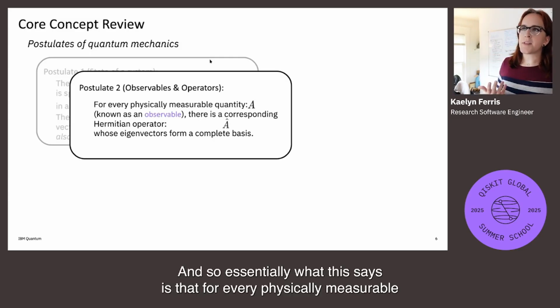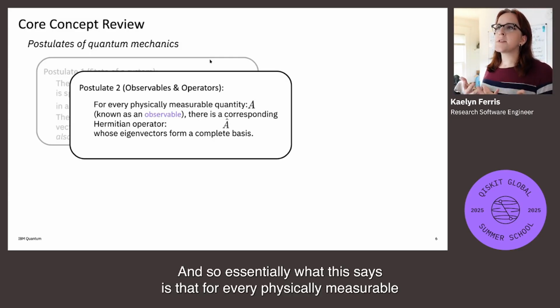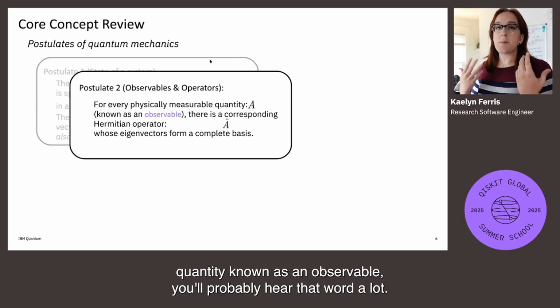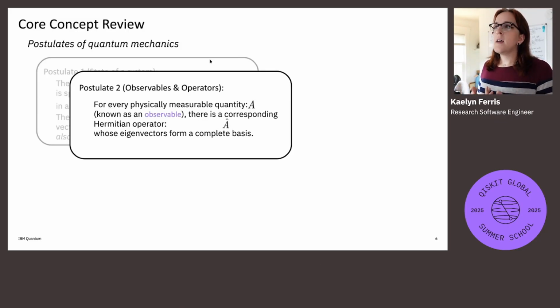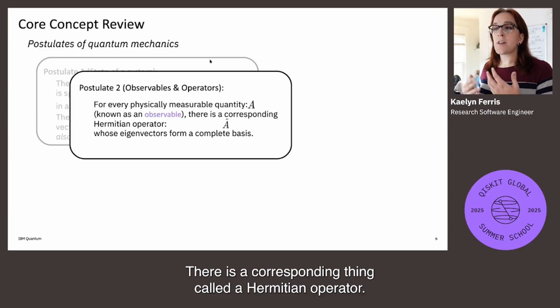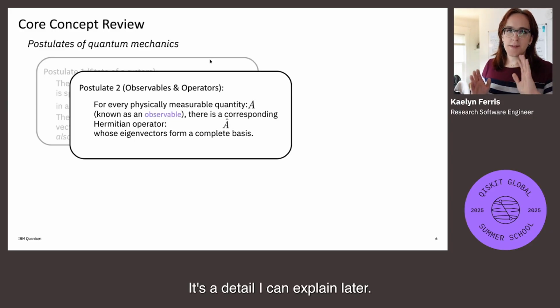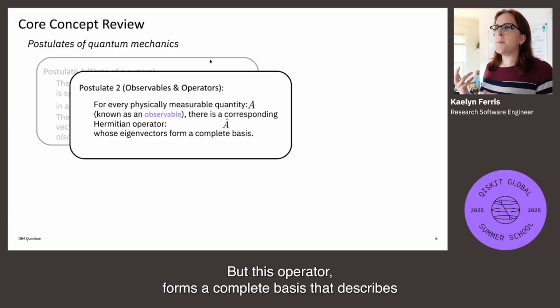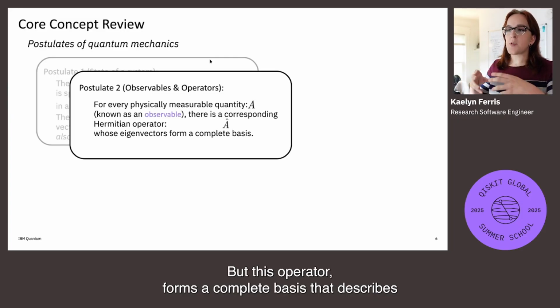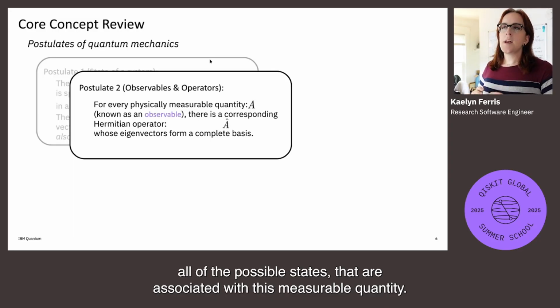Essentially what this says is that for every physically measurable quantity, known as an observable, you'll probably hear that word a lot, there is a corresponding thing called a Hermitian operator. It's a detail I can explain later. But this operator forms a complete basis that describes all of the possible states associated with this measurable quantity.